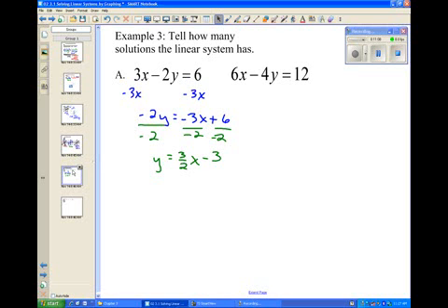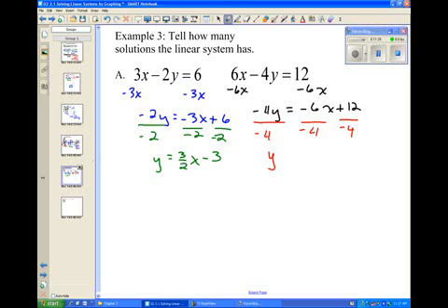There's my first equation. Let's find my second equation. Over here, again, I want to get y by itself, so I'm going to subtract 6x. I get negative 4y is equal to negative 6x plus 12. I want to divide by a negative 4 on every term. On the left side, I get y equals, this reduces to 3 halves x minus 3.